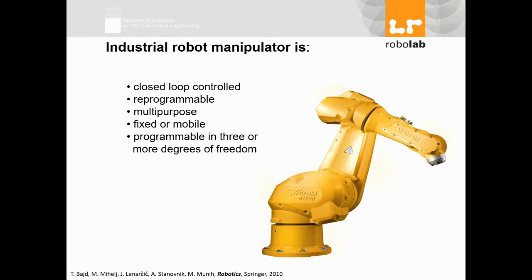Normally they are programmable, so you program them for a specific sequence: pick something from point A, put it on point B, then do C, and so on. You program that in the controller of the robot to do it regularly as a sequence of operations.